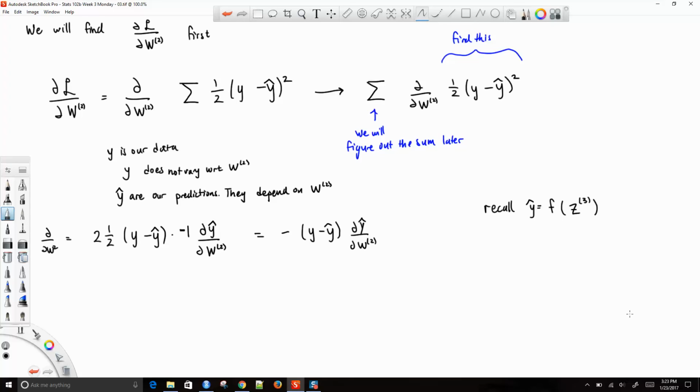Is everything okay? Are there questions so far? We're okay so far? All right, and so recall that f of a single value is 1 over 1 plus e to the negative z.